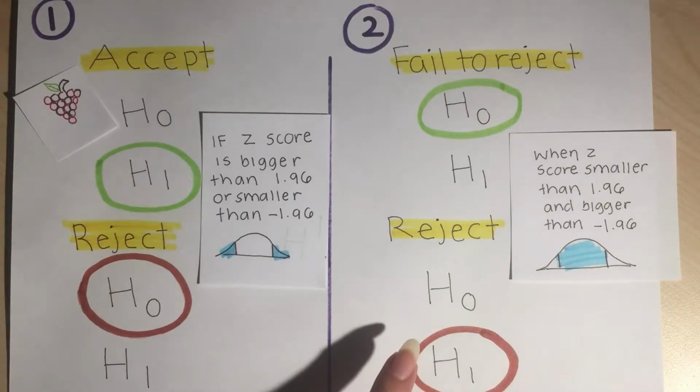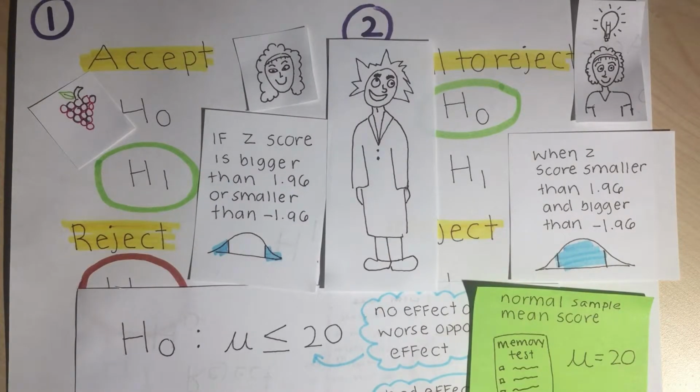In the second scenario, it means that you did not find significant evidence that the berry increased the memory ability, and found evidence that the treatment probably has no effect. Thank you, and I hope this example helps you understand what it means to accept, reject, or fail to reject the null and/or the alternative hypothesis.